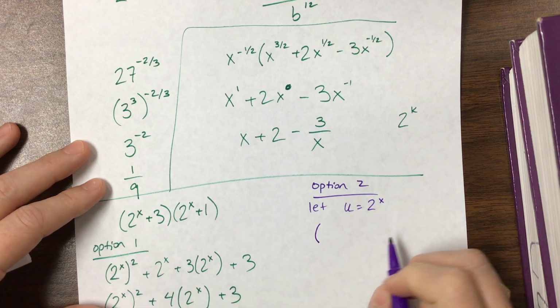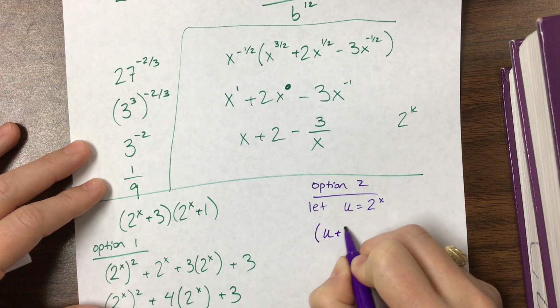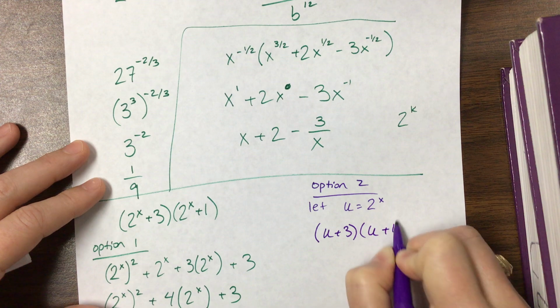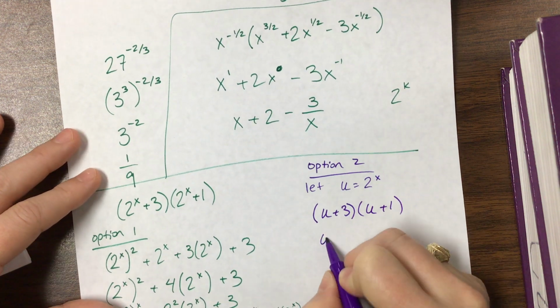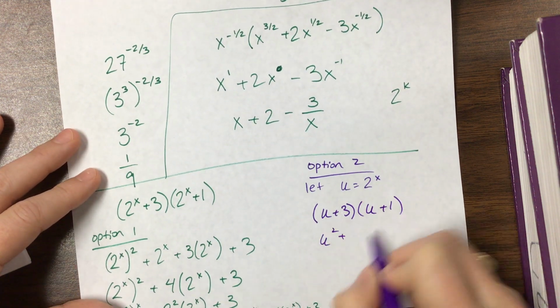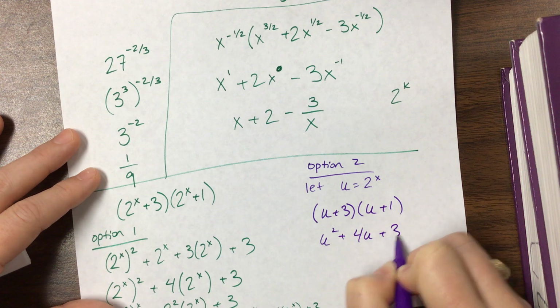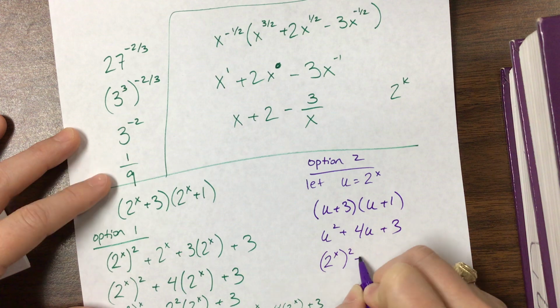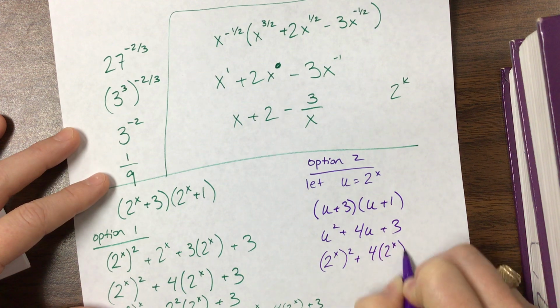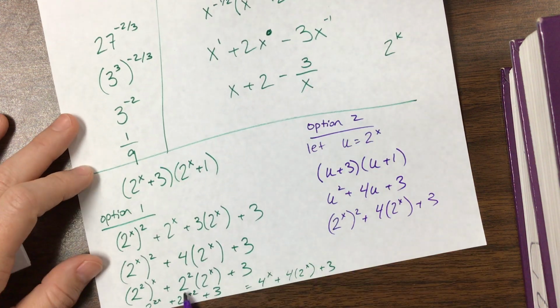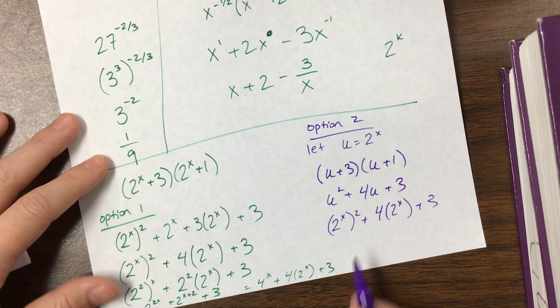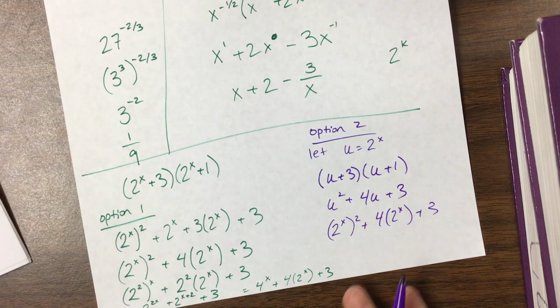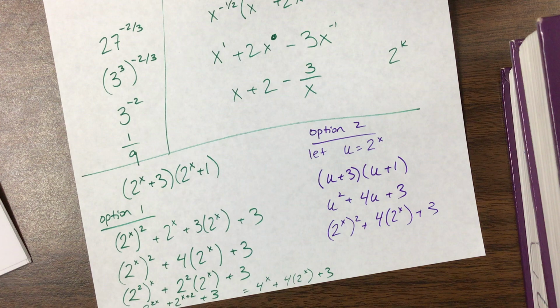And so I'm going to rewrite that original problem as u plus 3 times u plus 1, and now I know how to FOIL. 3u plus 1u is 4u plus 3. I can't leave it here, so I have 2 to the x squared plus 4 times 2 to the x plus 3. That was one of these places. I could keep going, I could stop. We're moving on. I will do a third video for the problems on the back.